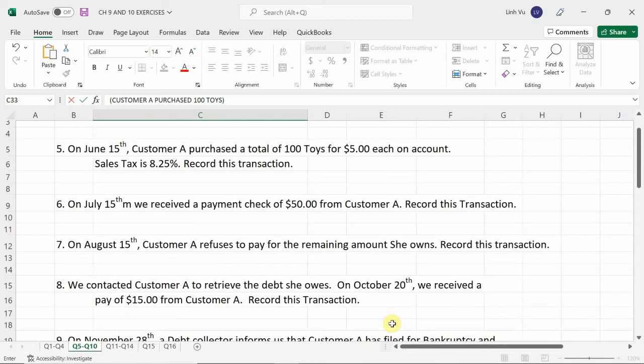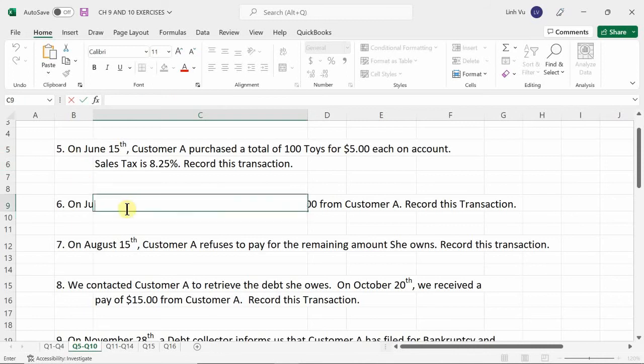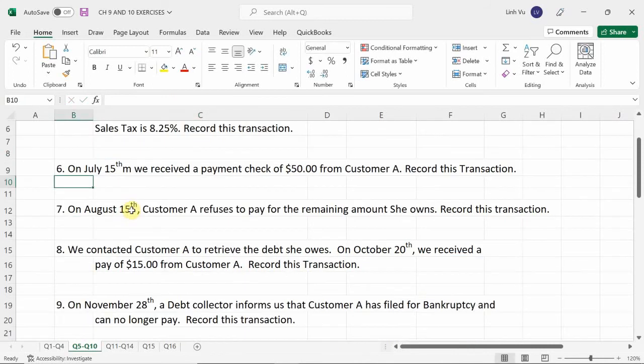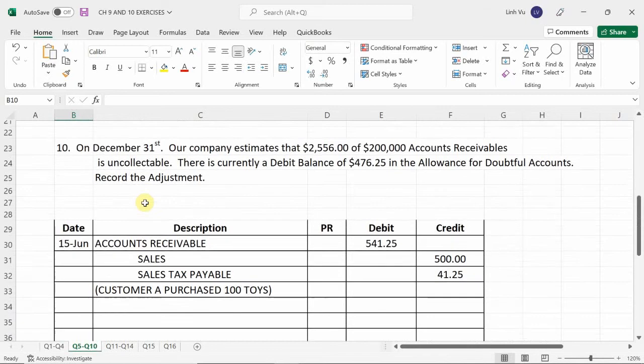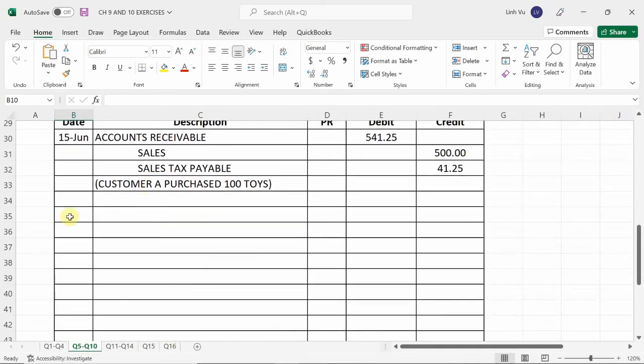Number 6. On July 15, we received a payment, a check of $50 from customer A. Record this transaction. So number 6, we received money from the customer. What happens when we receive money from the customer? You're going to debit your cash.